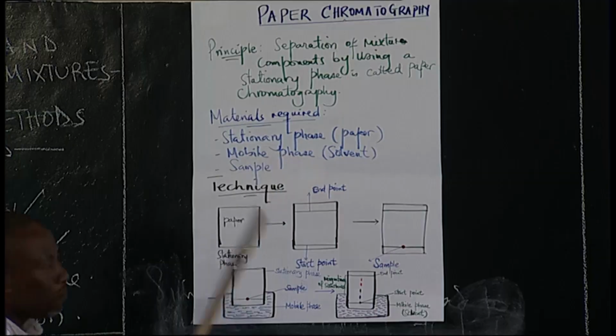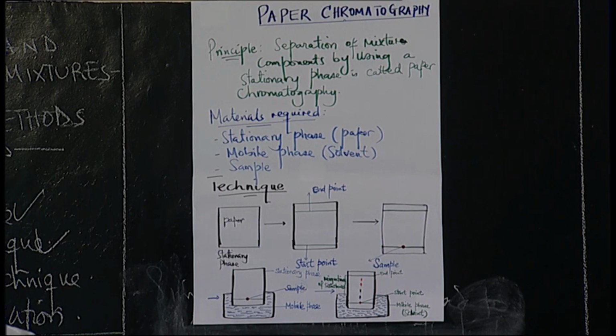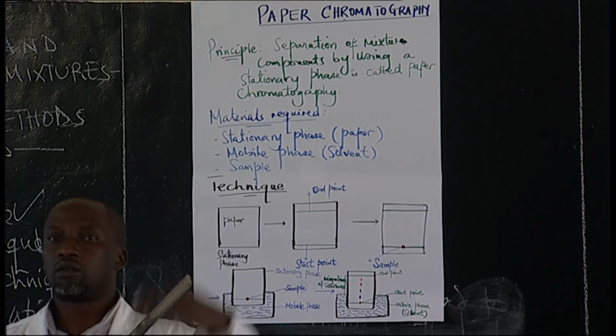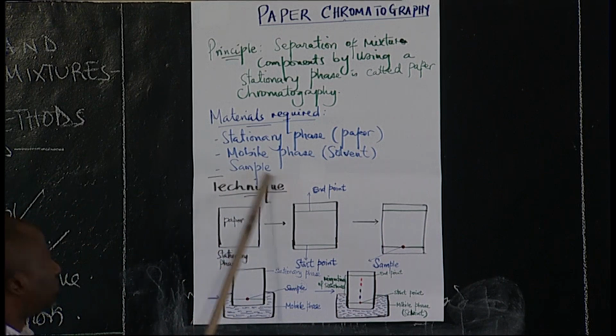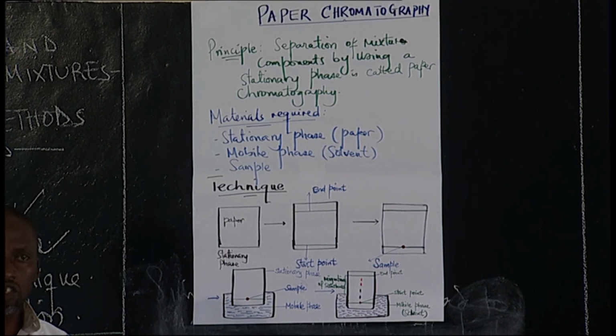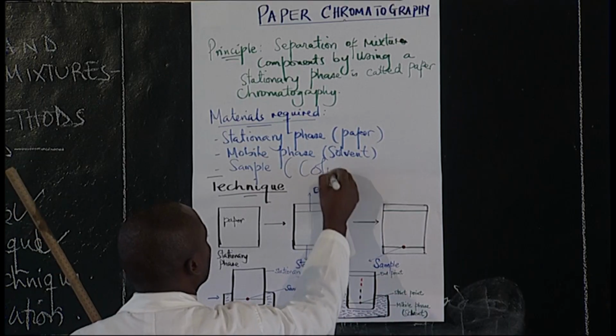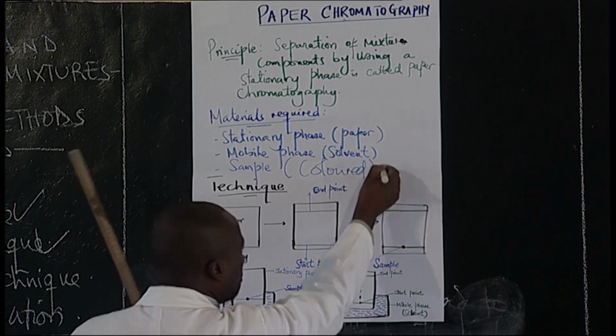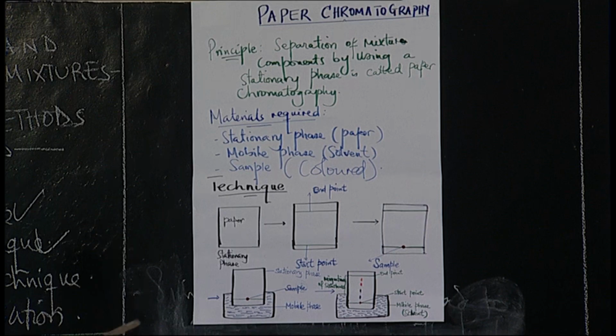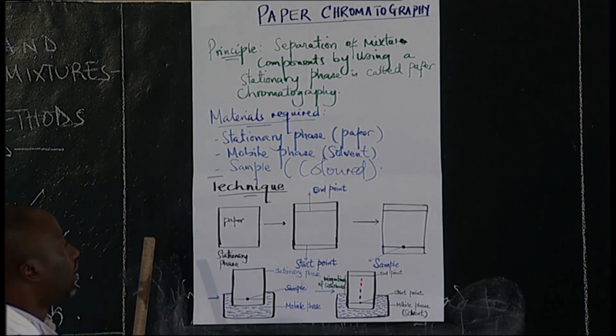Then you need a mobile phase, which is a solvent that is moving. And then you have the sample. In most cases, the samples have to be colored. In most cases, but not always, this separates colored materials.